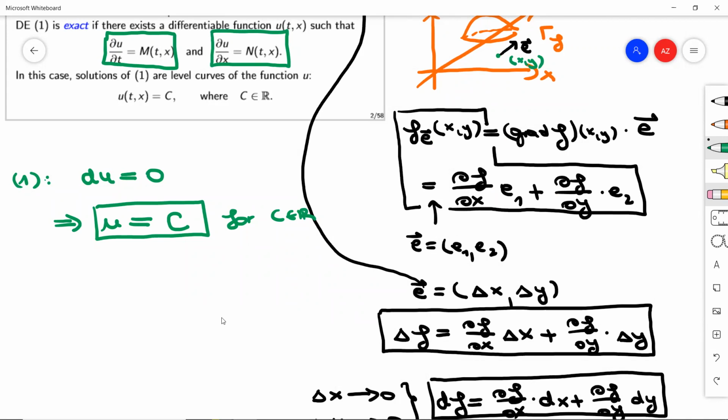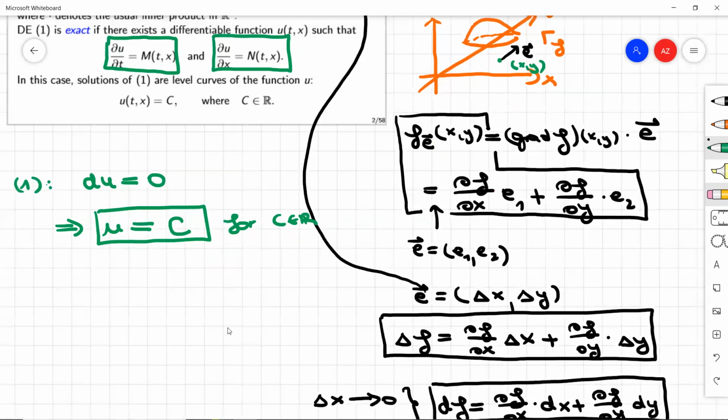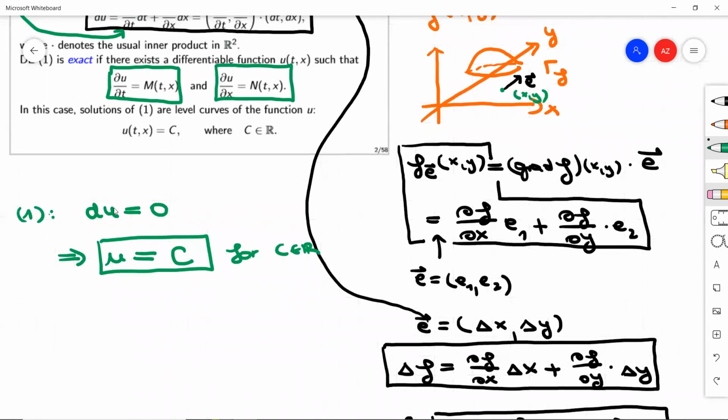So if this u exists, then since du must be 0, the solutions are just level curves of this function u. So u must be constant if we want the differential of u to be 0. On the solution, the value of u shouldn't change, which means that it's constantly equal to some real number c.